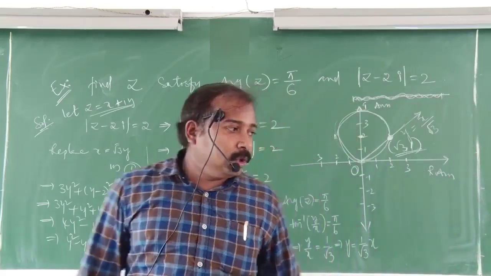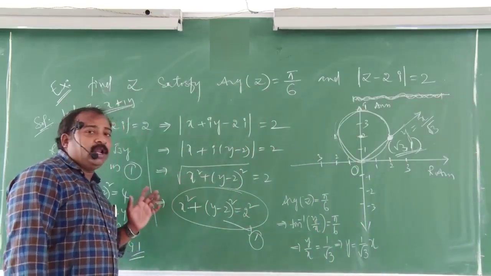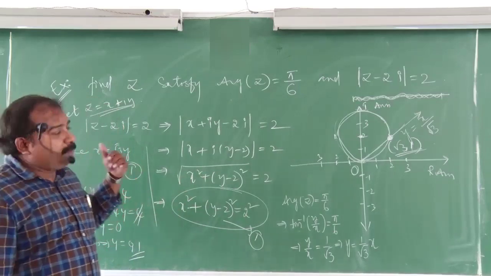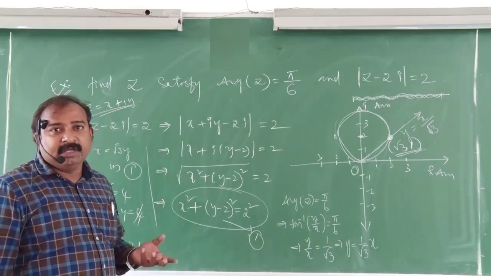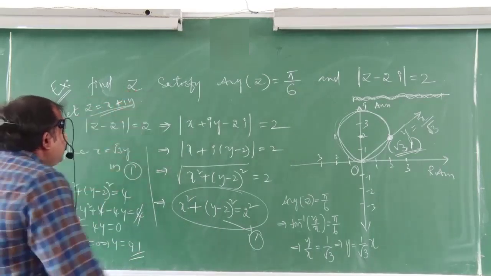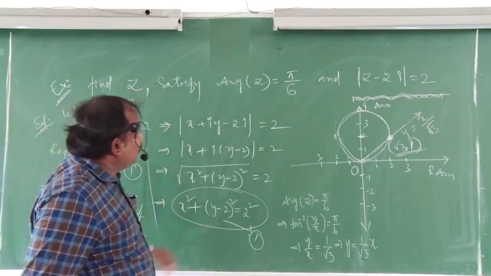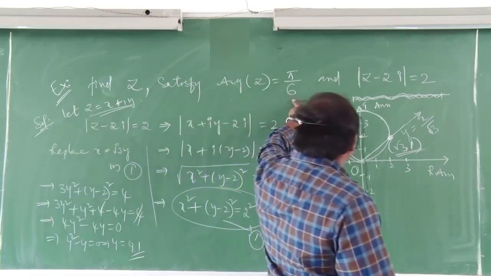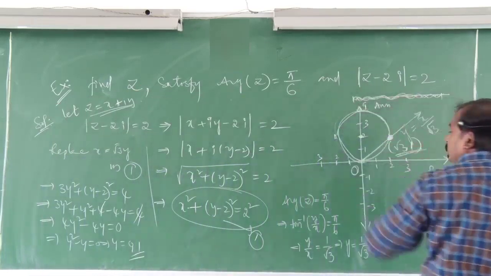That's it. So this is the geometrical application of complex numbers. Here they will simply give: find z, if it satisfies the condition argument of z equal to this value and modulus of z minus 2i equal to this value.